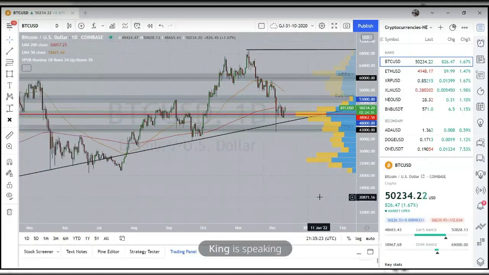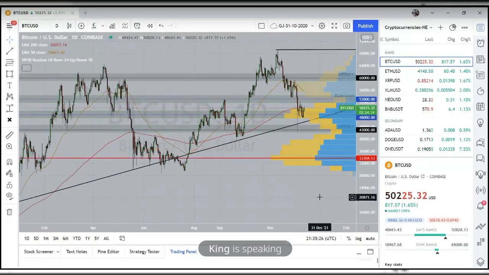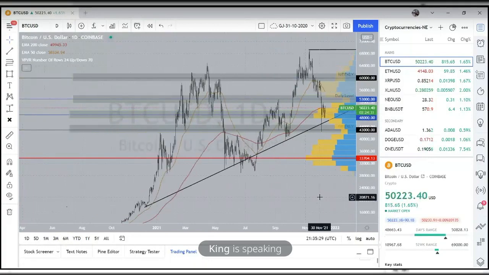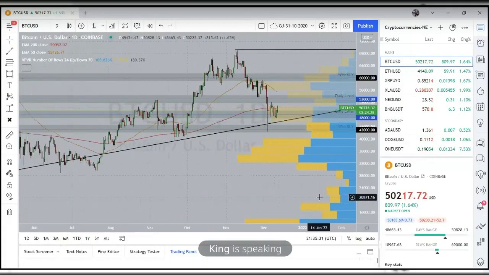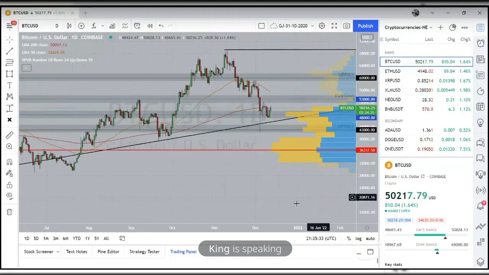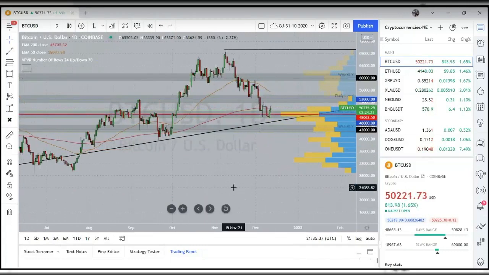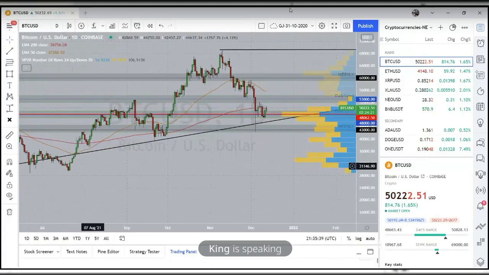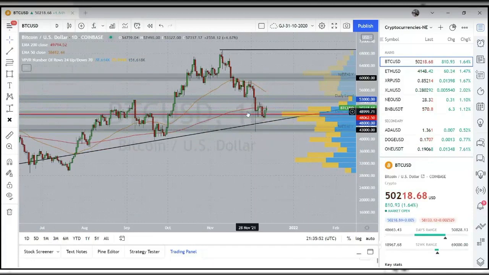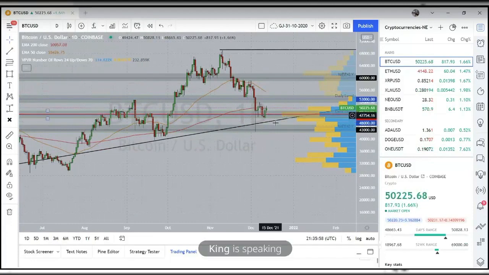So I don't know how far it goes back, but this is the volume point of control. It's not that far back, it's just from this swing, isn't it? Yeah, so from this swing high to this swing low, this 48K is the mean, or the volume point of control, which means it's the highest traded area in terms of volume.